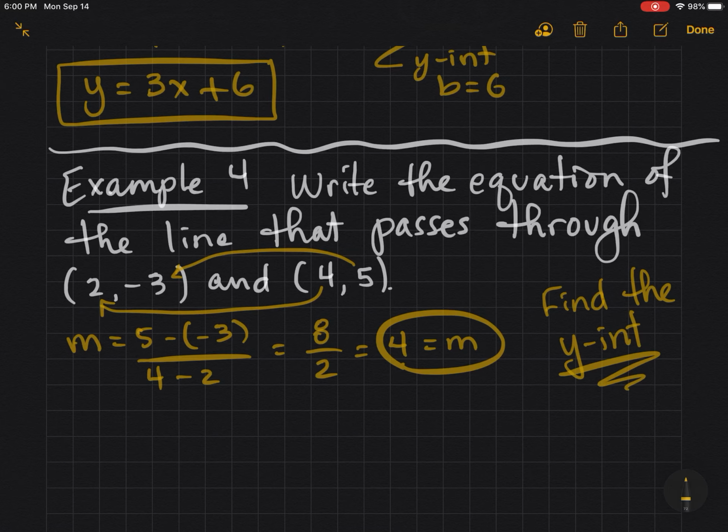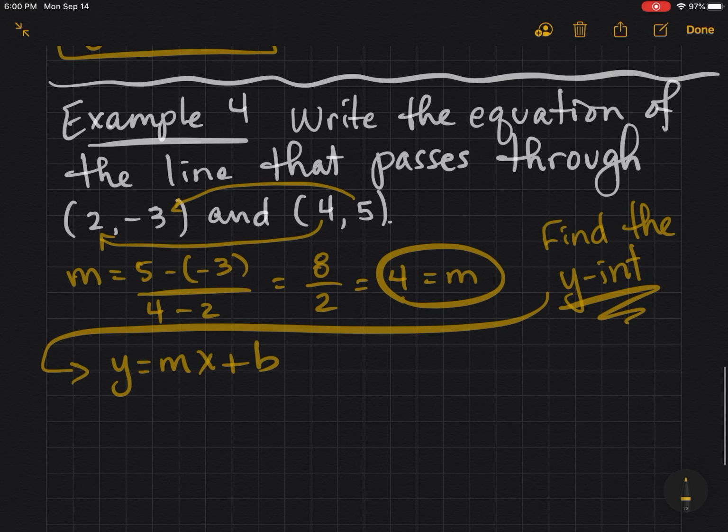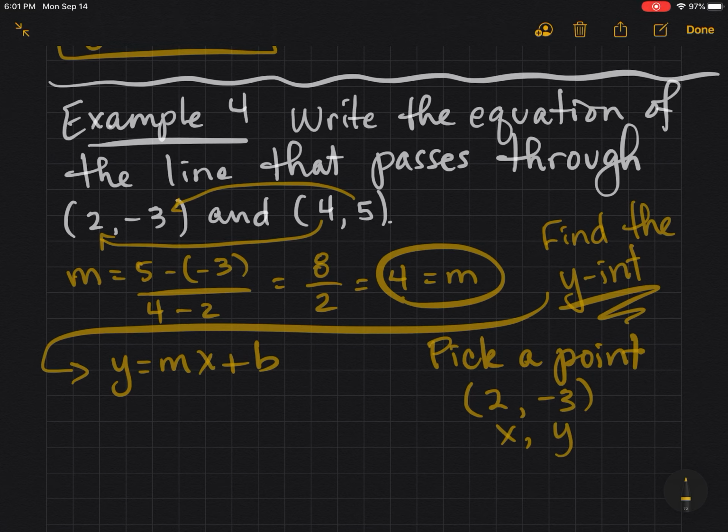The way we're going to do that is by starting with the equation y equals mx plus b, and we're going to plug in everything except for b. So what I like to do is pick a point. I'm going to just use the first point, why not? And let this be my x and y.